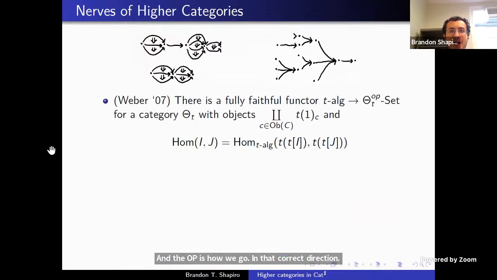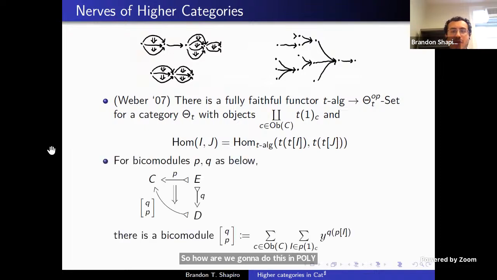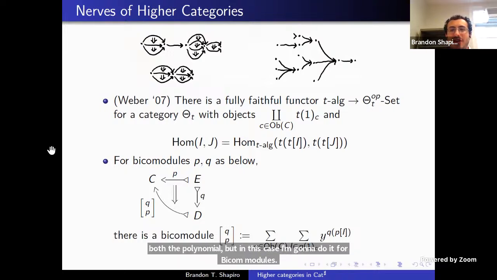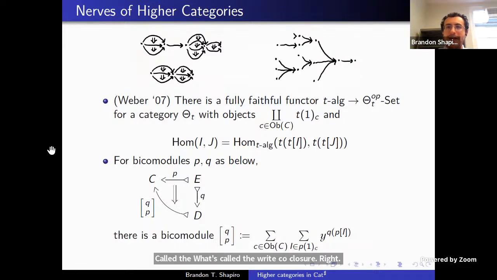So how are we going to do this in Poly? What we're going to do is use a particular construction of a polynomial, but in this case, I'm going to do it by comodules, called the right coclosure of polynomials or bicomodules.